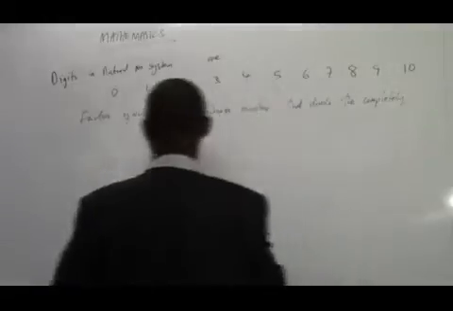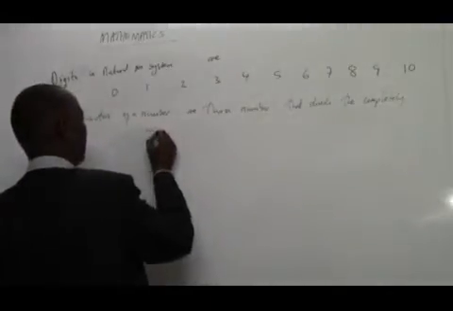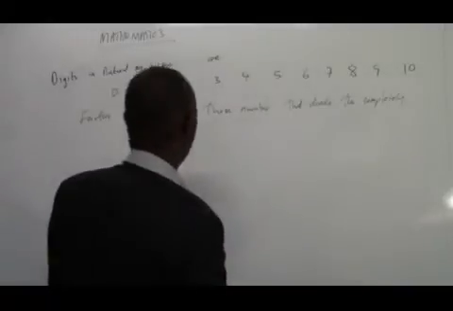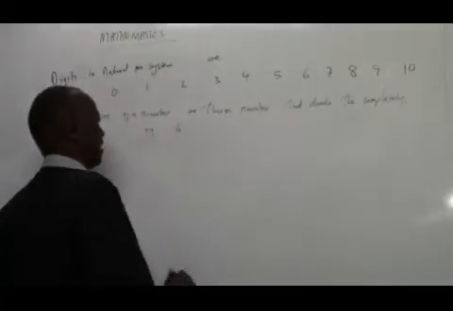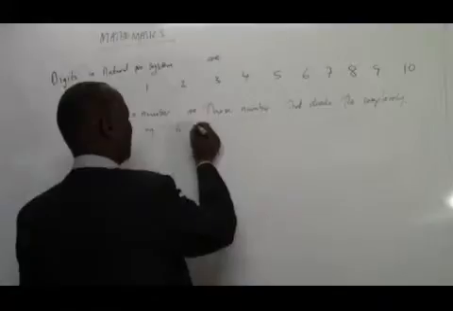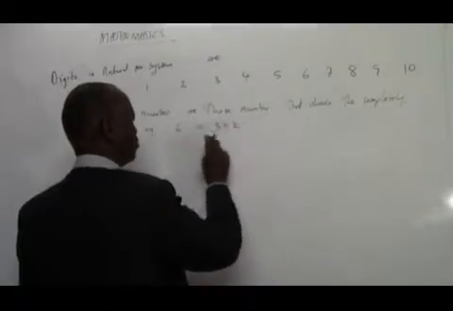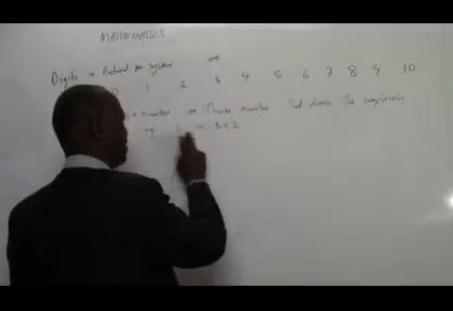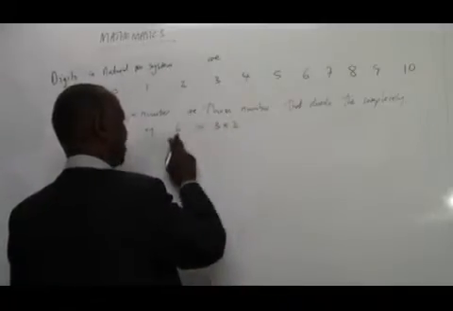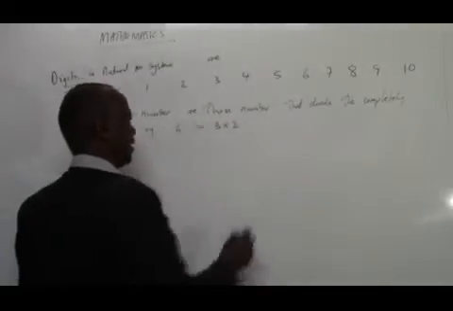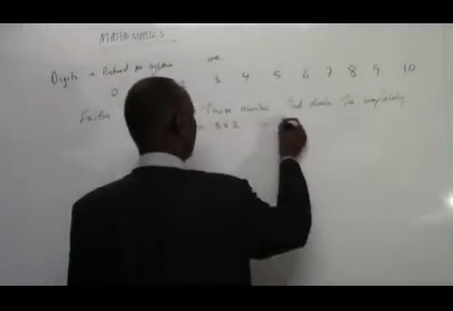So for example, if we take 6, you can get it by 3 times 2. So if you divide 6 by 3, you get 2. If you divide 6 by 2, you get 3. So 3 and 2 are factors. 6 is also equal to 6 times 1.